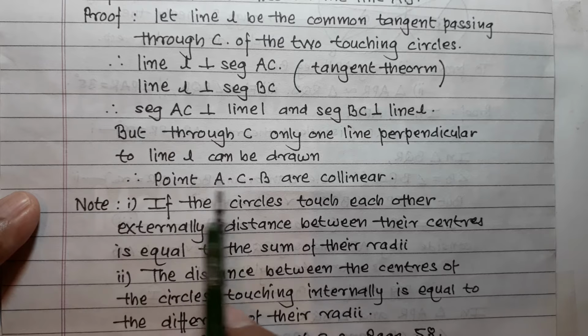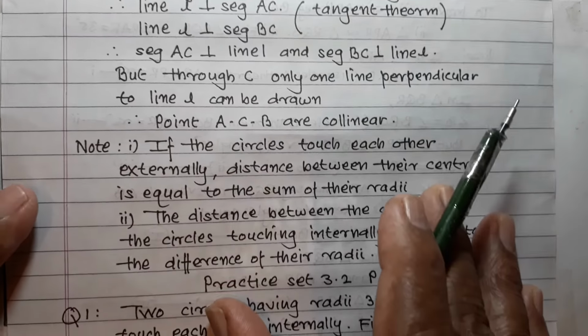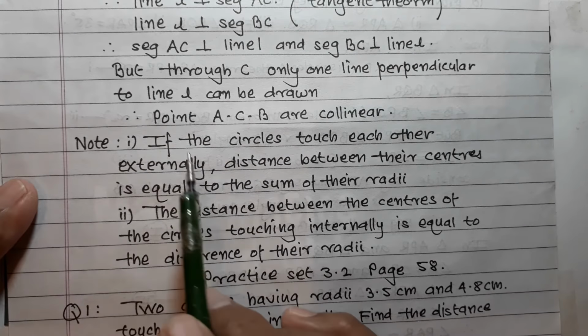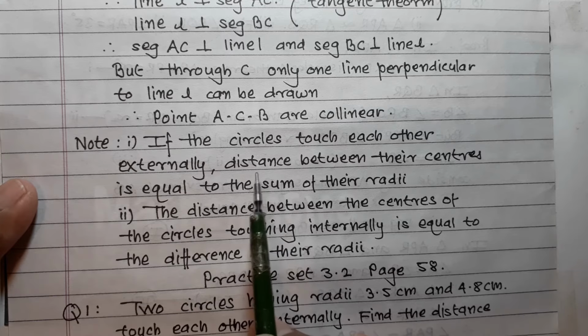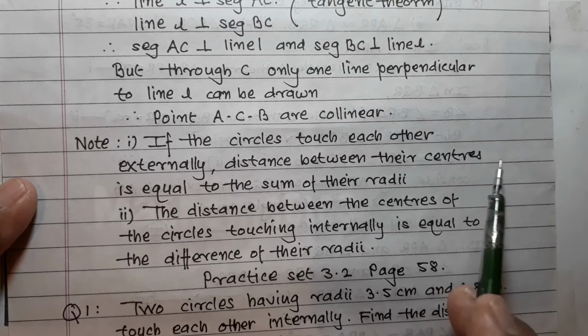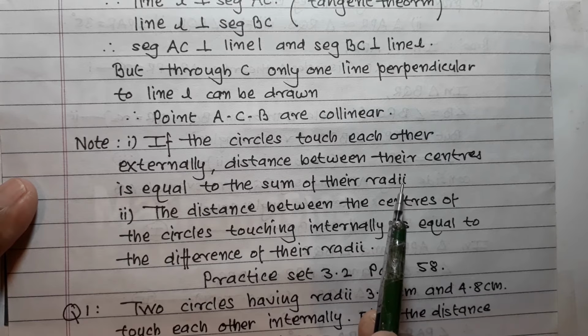This is very important. Remember this point. Now note two points. If the circles touch each other externally, the distance between their centers is equal to the sum of their radii.